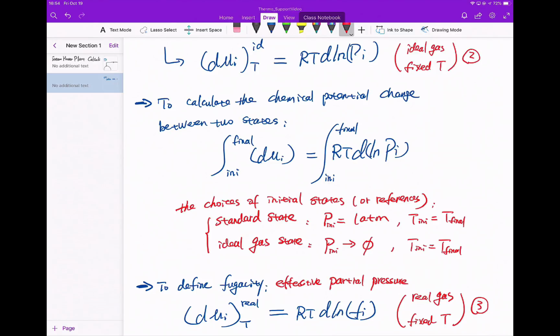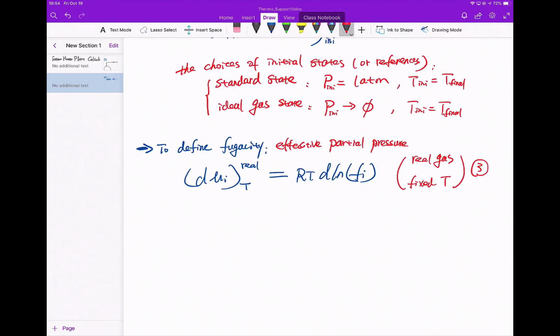This is equation 3. Then of course we can do the same to run the integration and so on. The small note here is when the pressure goes to 0, we are moving from the real gas to the ideal gas, and this is Pi.